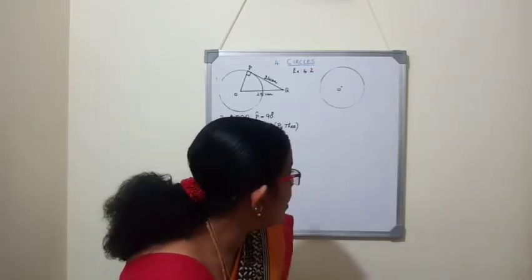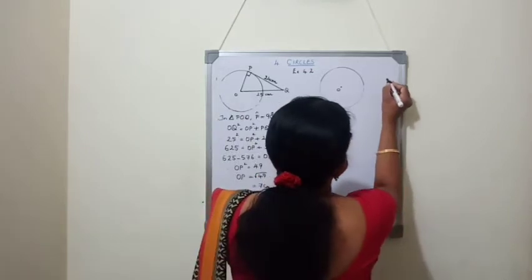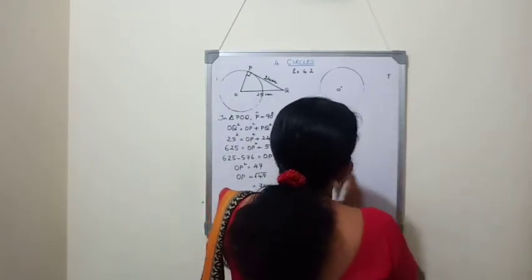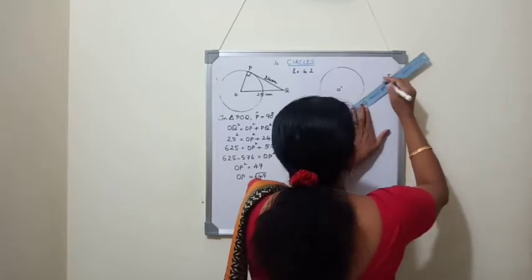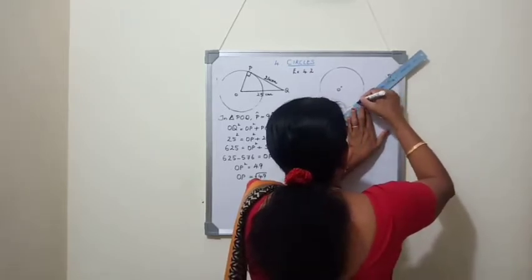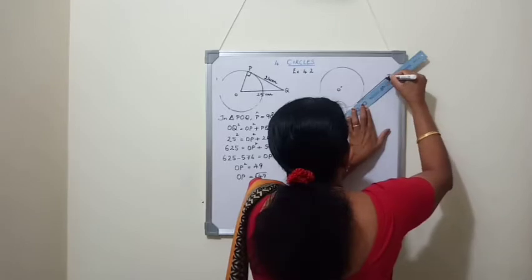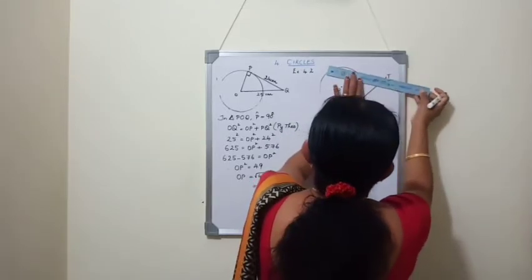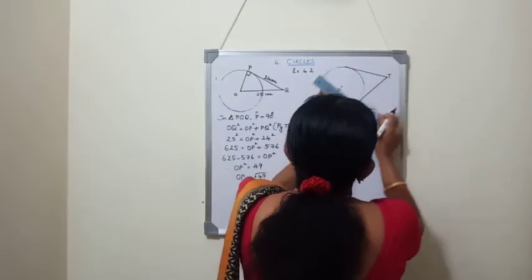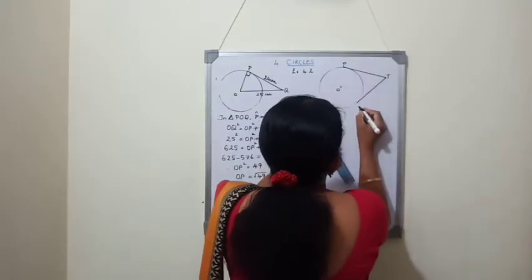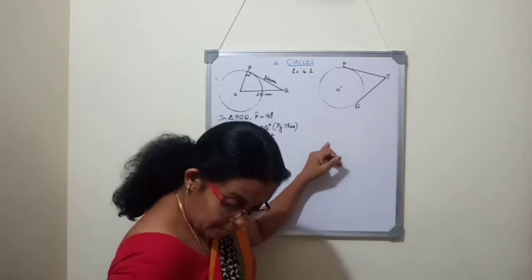TP and TQ are two tangents. So, we will mark a point T. We will draw the tangents.